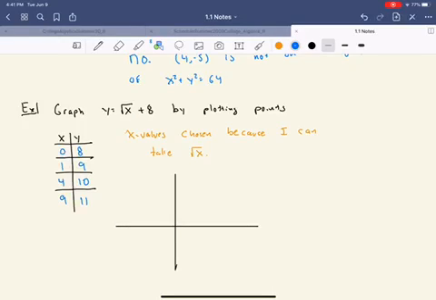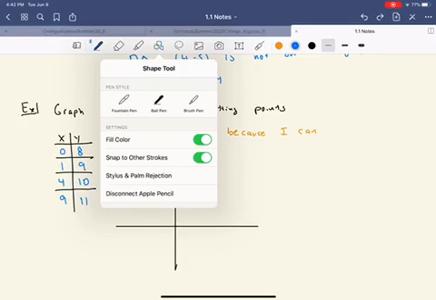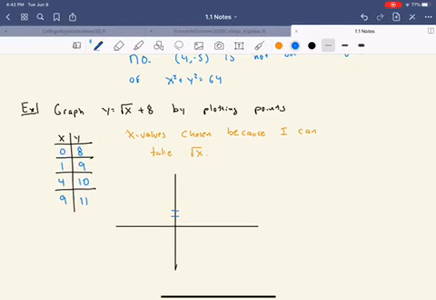Okay, so if x is 0, 1, 2, 3, 4, 5, 6, 7, 8. X is 0, y is 8. If x is 1, y is 9.